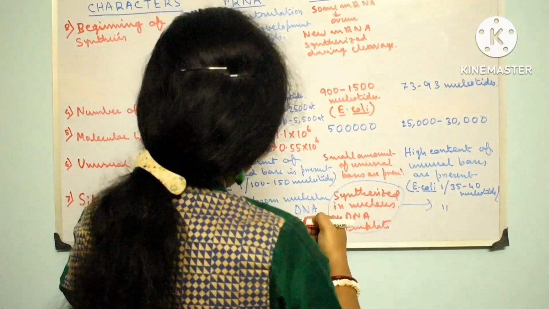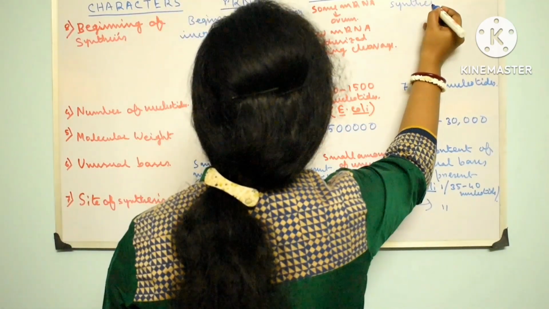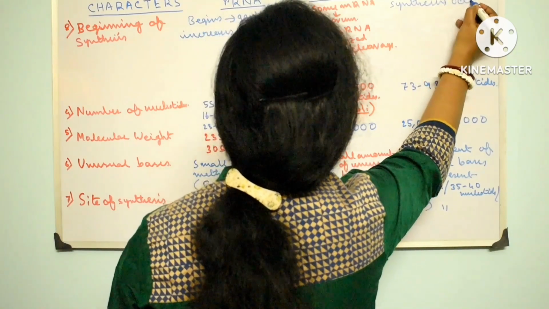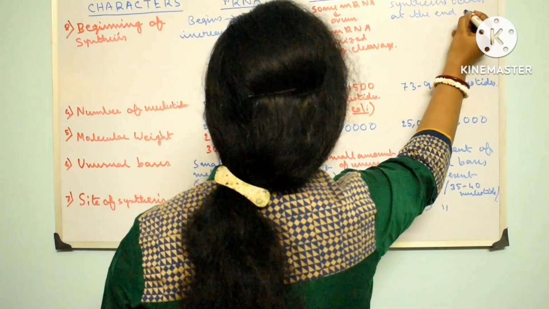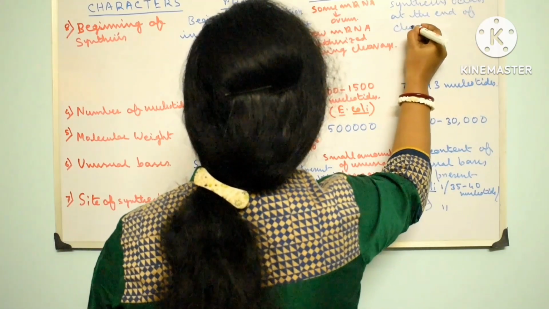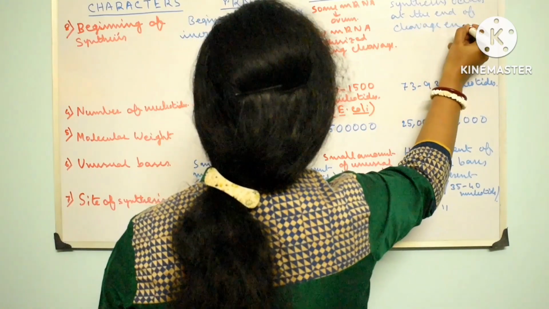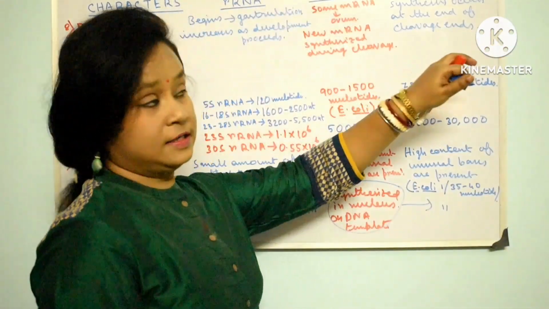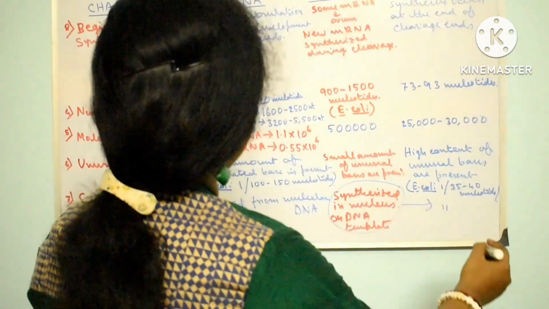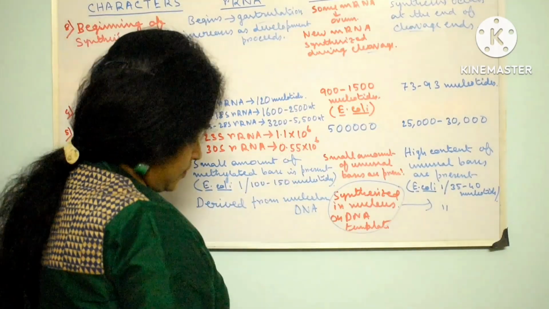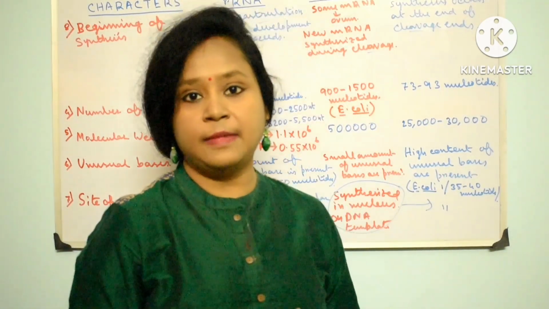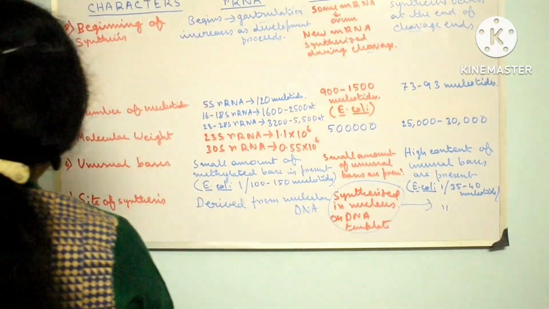And in case of tRNA, synthesis occurs at the end of cleavage. The terms cleavage and gastrulation are found in developmental biology.